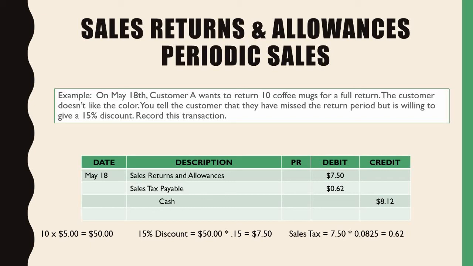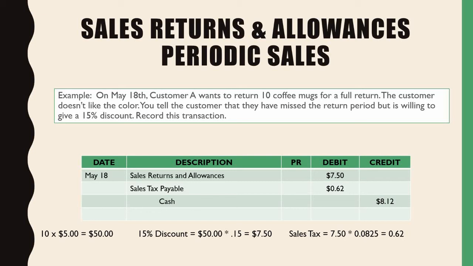This is considered an allowance, and it does the same thing. You're decreasing your sales, or your revenues, which is your income. To properly do that, you need to create the contra account, and it's going to be debited.